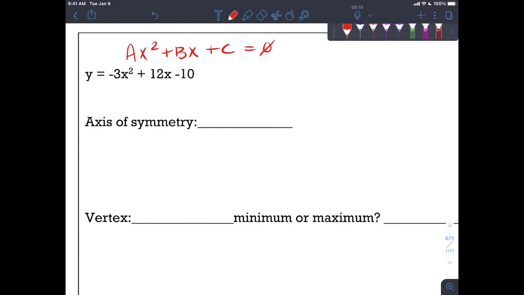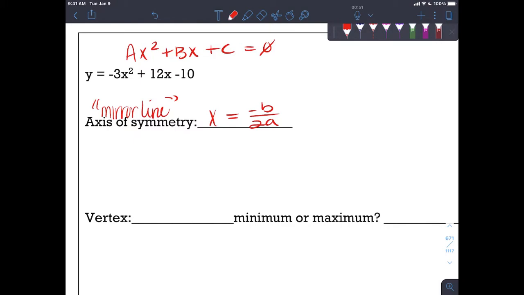Now, my axis of symmetry. What was that again? My axis of symmetry is where my graph is cut exactly in half. It's the mirror line. And it has its own special formula: x equals negative b over 2a.